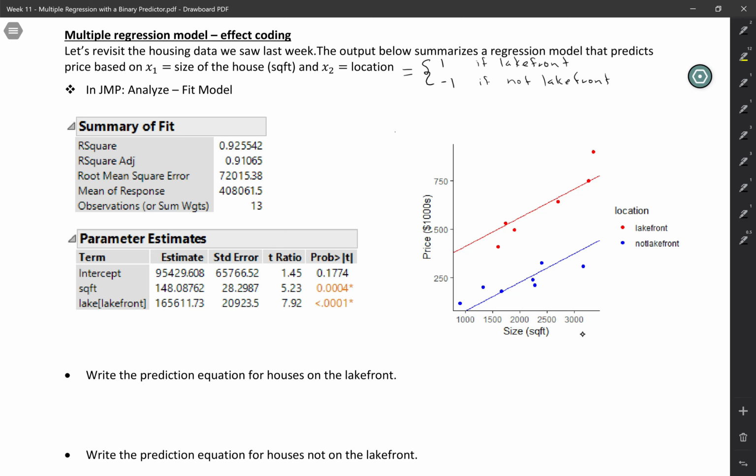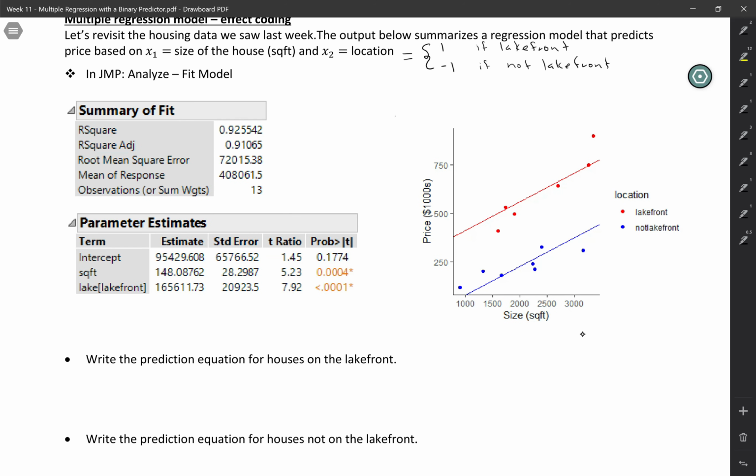We don't see those 1s and -1s in the column, although we could make our own column and define it that way. But this is what JMP is doing behind the scenes. It's treating it as 1 and -1 based on whether the house is on the lakefront. So let's start by writing out our regression equation. We're trying to predict the price of the house, that's y hat. The intercept is $95,430.